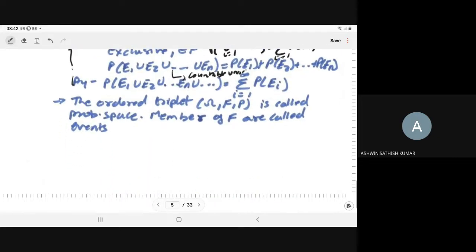The ordered triplet, sample space, sigma field, and the probability function, is called the probability space, and members of F are known as the events.